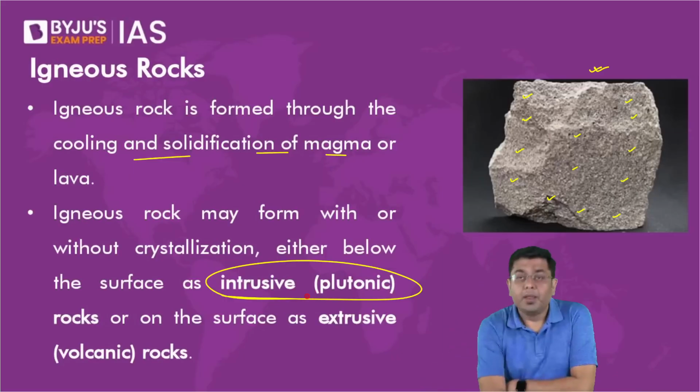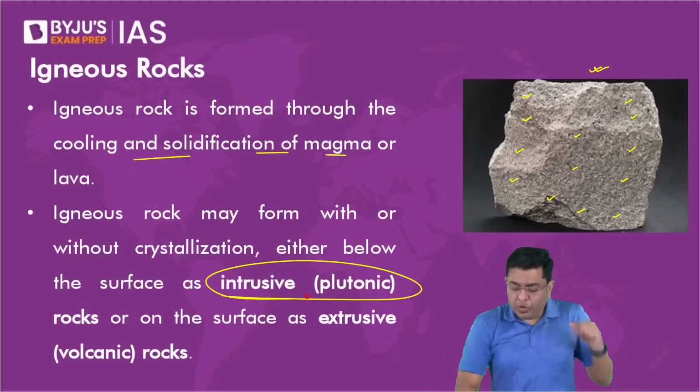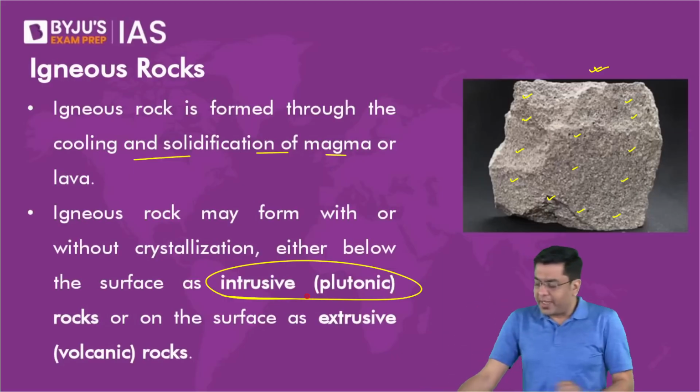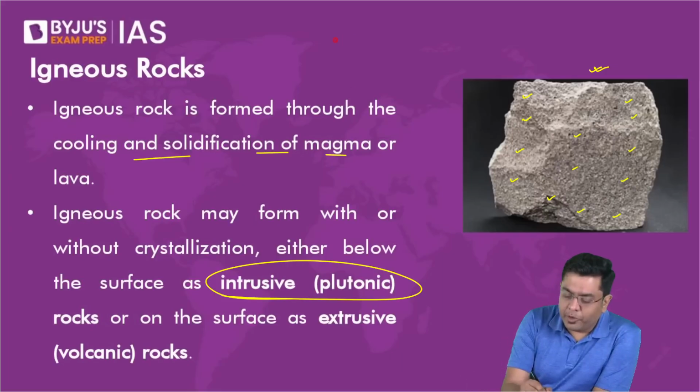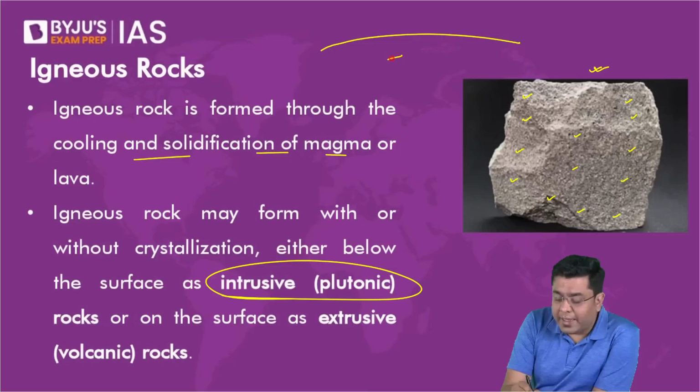Okay. Now let me ask you a question here. If I give you two instances, apply your logic again. One is the case of molten materials cooling down in the interior. Let's represent this case by A. One is molten materials coming to the surface and then solidifying.